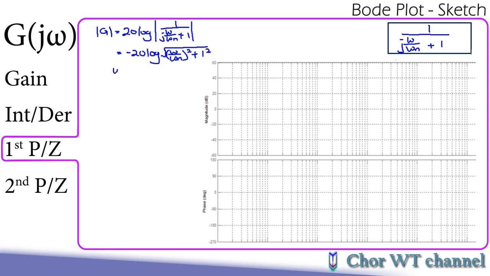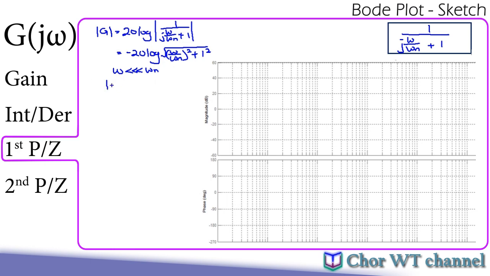We are going to assume that omega lies in two different ranges. The first one is when omega is very much less than omega n. In this case, it is not hard to observe that this entire term will become 1, and log of 1 will become 0.